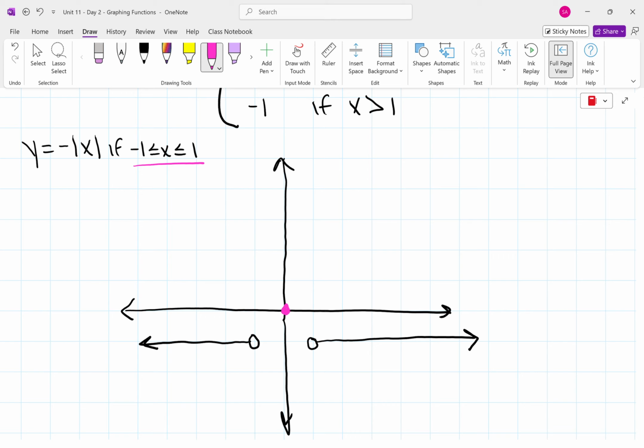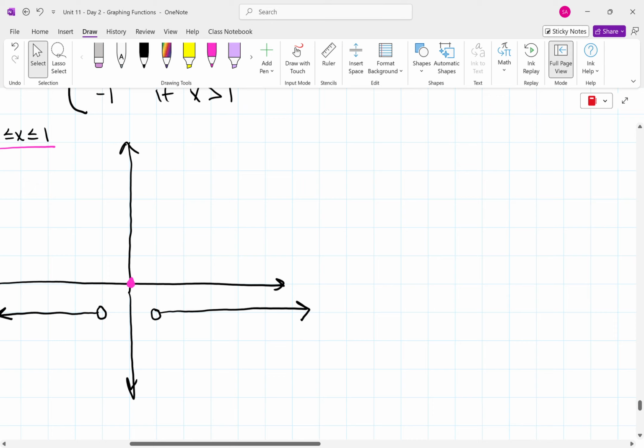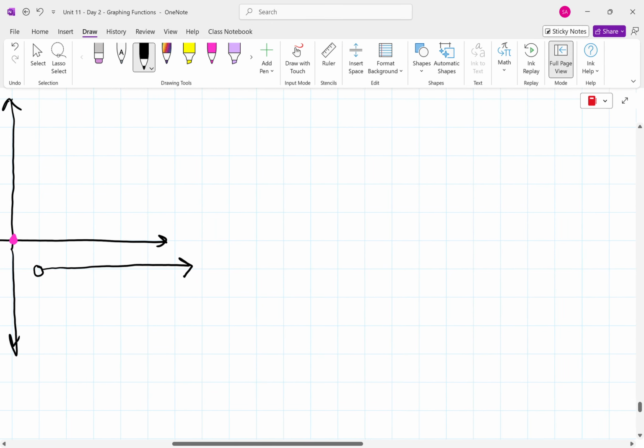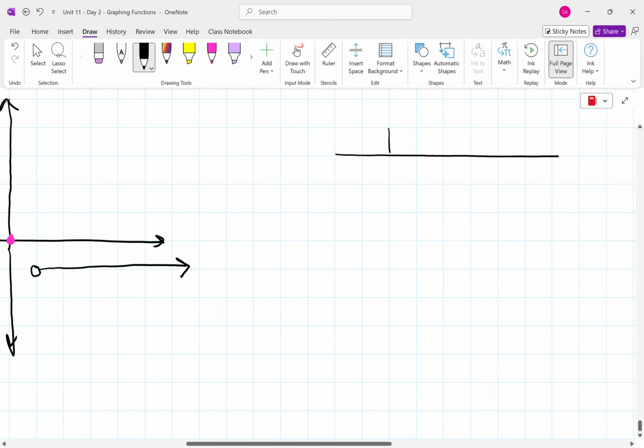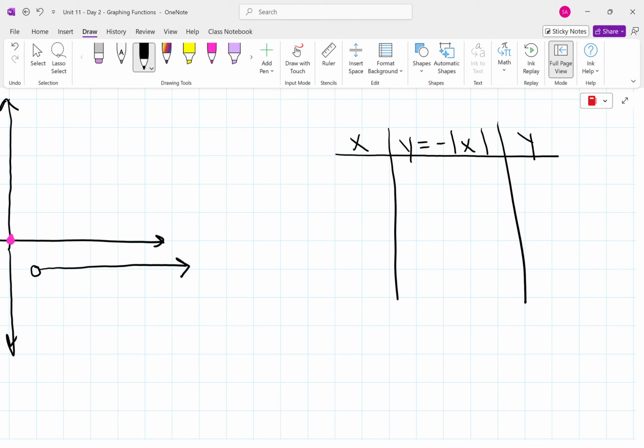But there's a restriction here, because this v only exists between -1 and +1. So now I have to see what's happening to my v when x is -1 and when x is +1. So what I'm going to do is make a little table to figure it out. So x, y equals the negation of the absolute value of x, and then my outcome y coordinate.